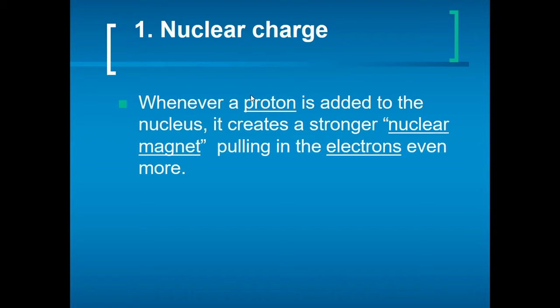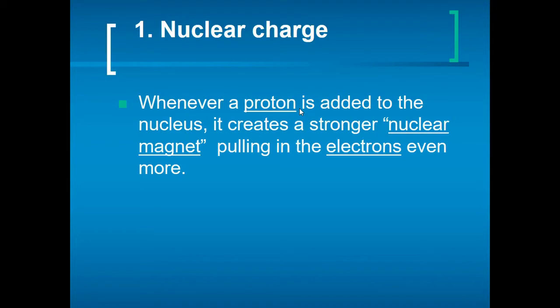So whenever a proton is added to a nucleus, so you go from one proton to two, from hydrogen to helium, you're creating a stronger nuclear magnet because you've got a stronger positive charge pulling on those electrons even more. So as you go across the periodic table, you are adding a stronger pull from the nucleus, pulling those electrons in.